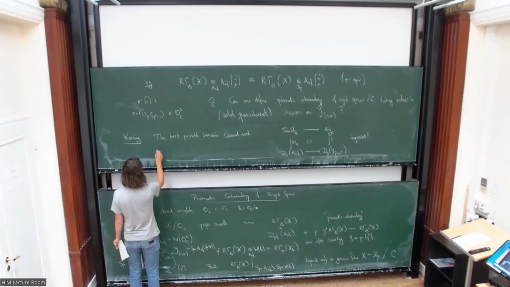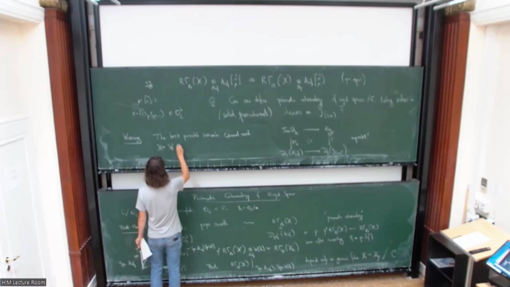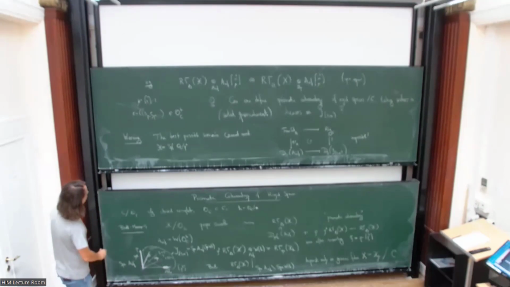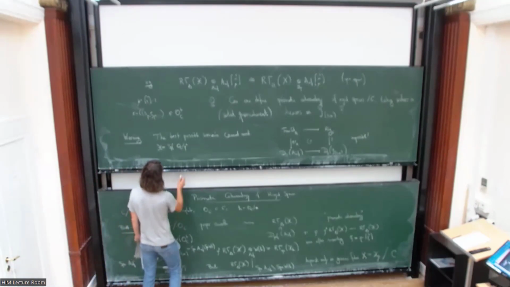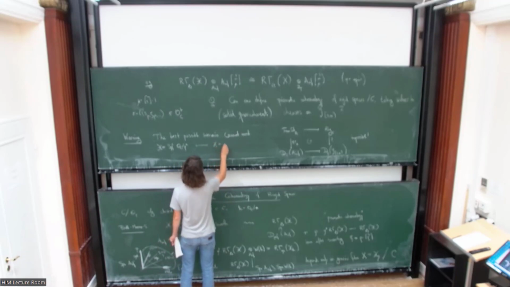You can just start with the formal scheme X, which is Spf of O_C mod p^n. So this maps to the rigid fiber of this, which is just empty.